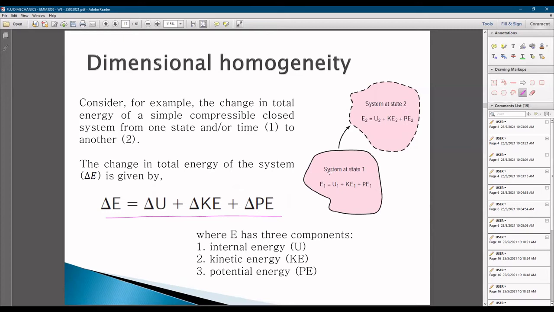So from state number 1, you have E1 equal to U1 plus KE1 plus PE1. And at state number 2, you have E2 equal to U2 plus KE2 plus PE2, where U is the internal energy, KE is the kinetic energy, and last one, PE is the potential energy. Basically, they are all energy, right? And they should have the same units.